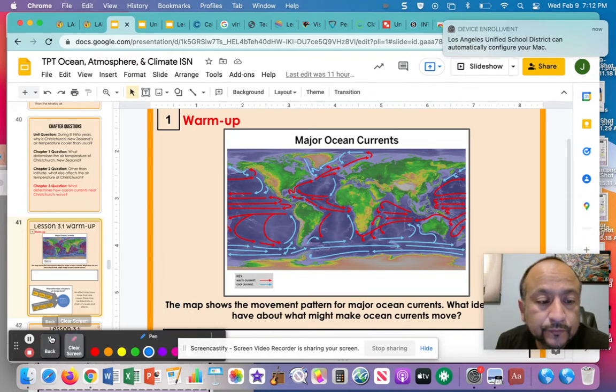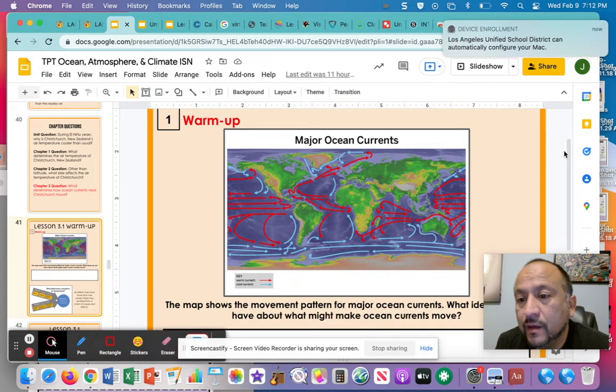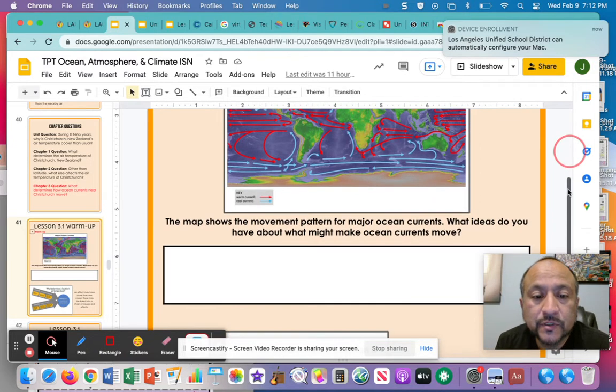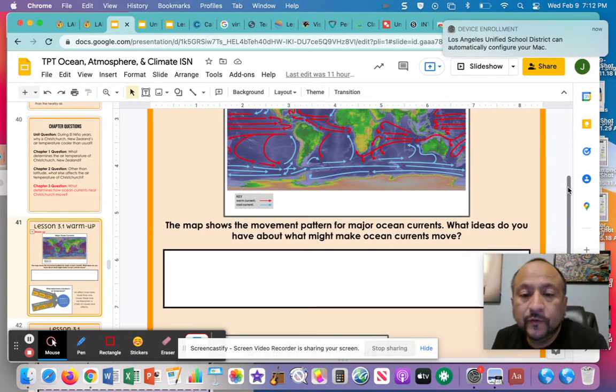So let's look at the question. It says the map shows the movement pattern for major ocean currents. What ideas do you have about what might make ocean currents move? And that is the question, the warm-up question.